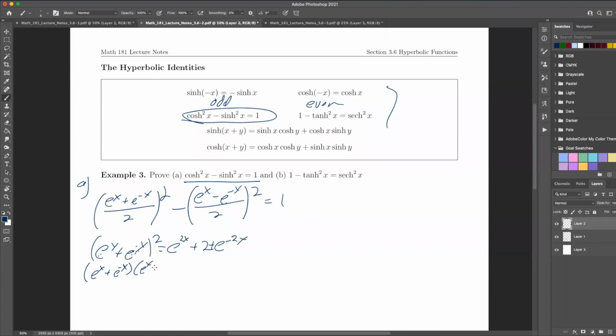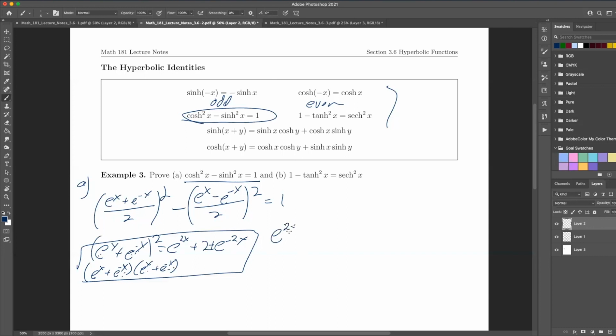Then you'll see that this times this gives me that, this times this gives me 1, this times this gives me 1, and this times this gives me minus 2 this. With this information, I'm going to go ahead and expand this out.